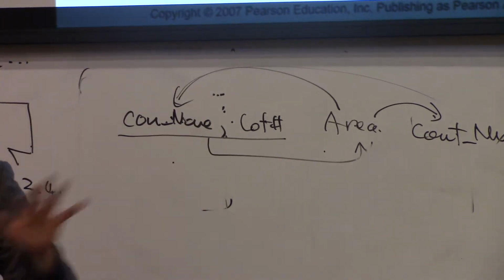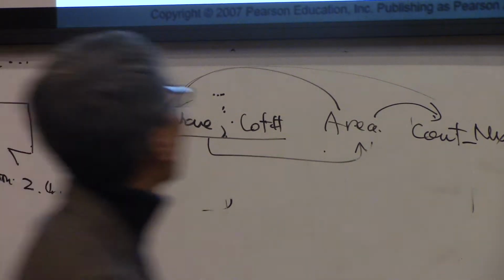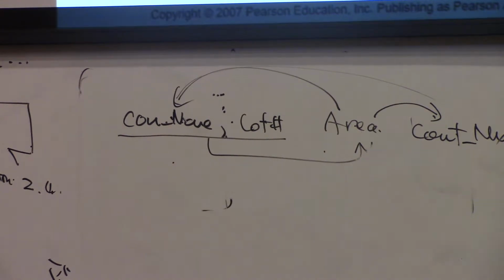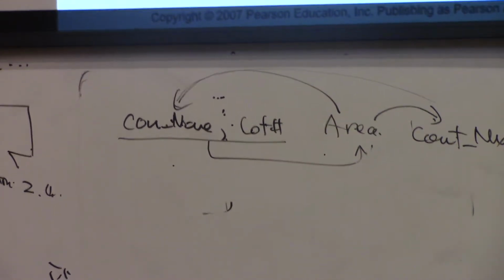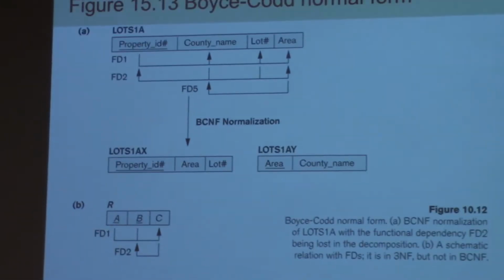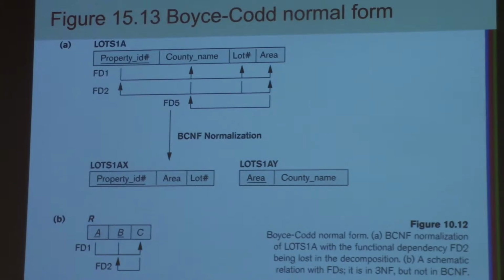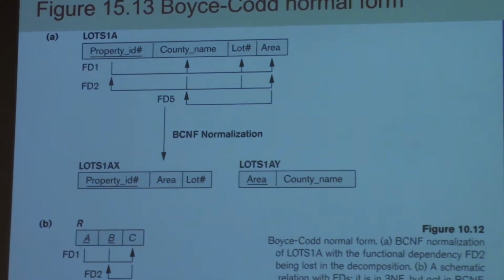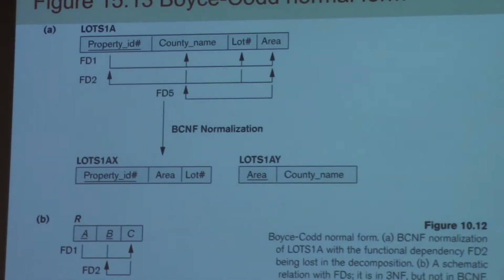Solution: segmentation. Okay, so how can we segment? For example, here the property ID determines area and lot number, and the area determines country name. Looks slightly different, right? It's not just taking out the area determines country name.